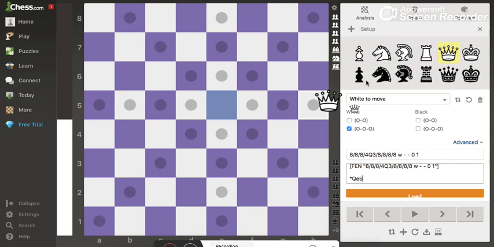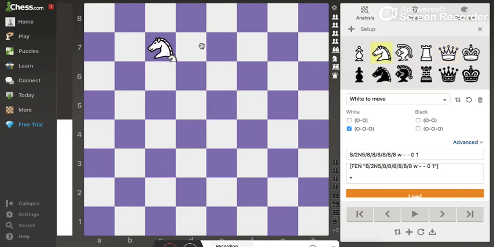Suppose this is one knight here, and this is the other knight here. Both of these knights can come to this square. This knight can also come to this square, and this knight can also come to this square. So how can you write?